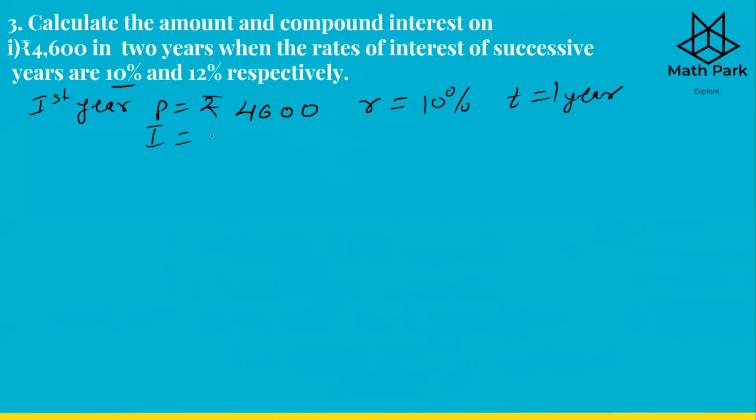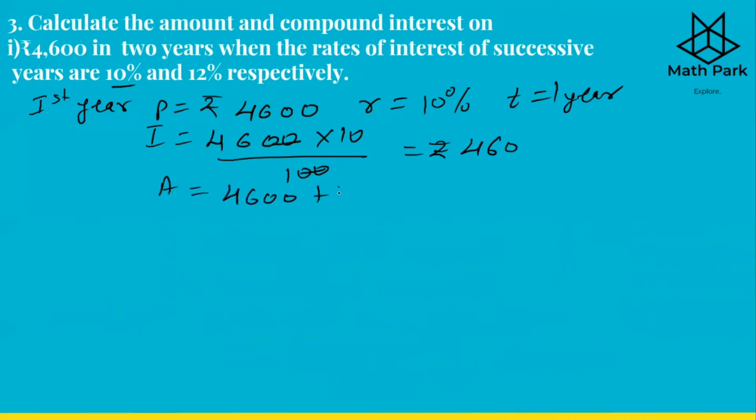Interest is principal into rate into time upon 100, 4,600 into 10 upon 100, which we get as rupees 460. And then amount is 4,600 plus 460, which is rupees 5,060.